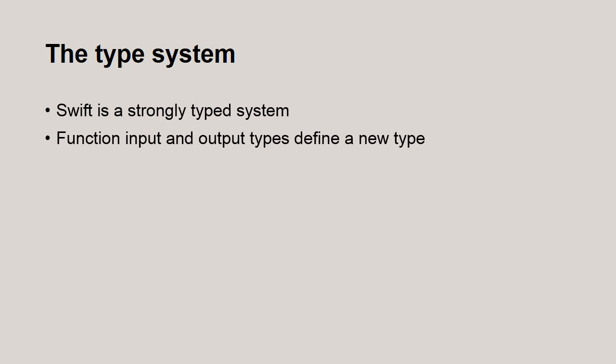Functions have input and output types, of course, but that's not a big deal, unless you stop to think about the fact that the types in the parameters and return value define a new type. For example, you may have a function that takes two objects of the same type as its parameters and returns a Boolean. You're likely to assume that the function compares the two objects. The type definition of the function has some meaning, and that's why Swift has type definitions for functions.